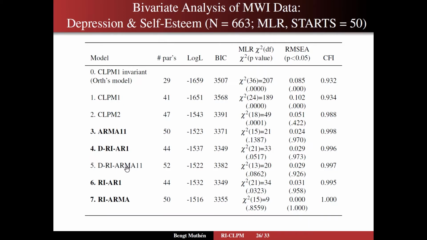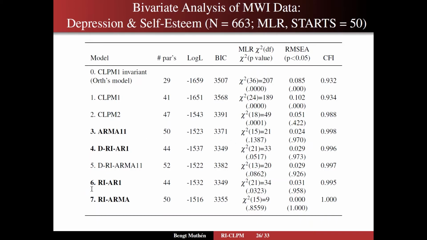And you have the dynamic RI-ARMA model as well here, which goes up to 52 parameters and fits well as well. So those are the dynamic models, and among the dynamic models you have the best BIC for, let's see, 3349 for this dynamic RI-AR1. But the RI-ARMA model is not bad either.